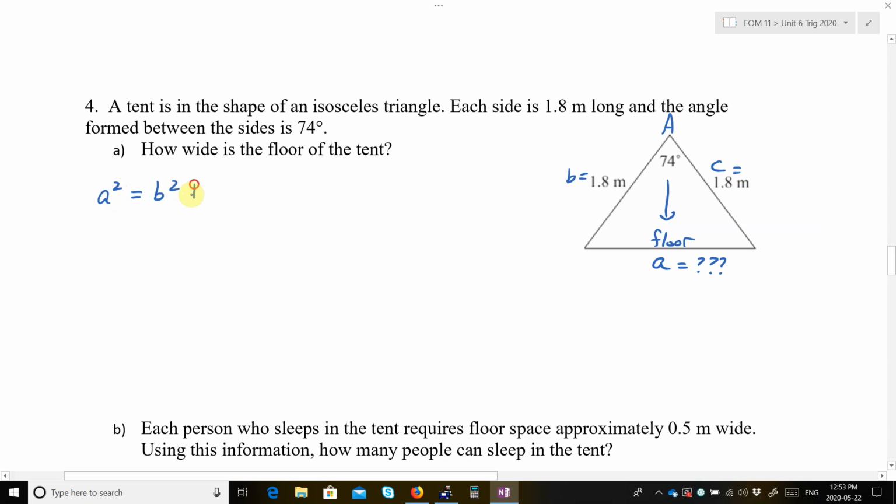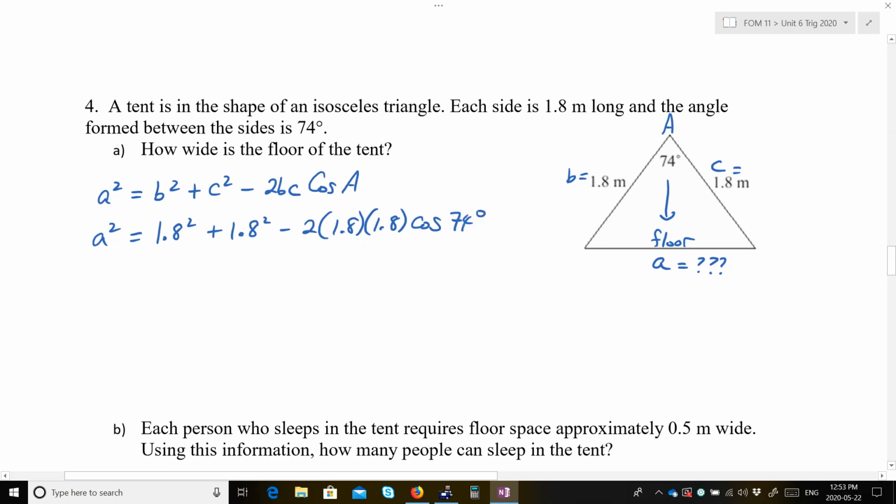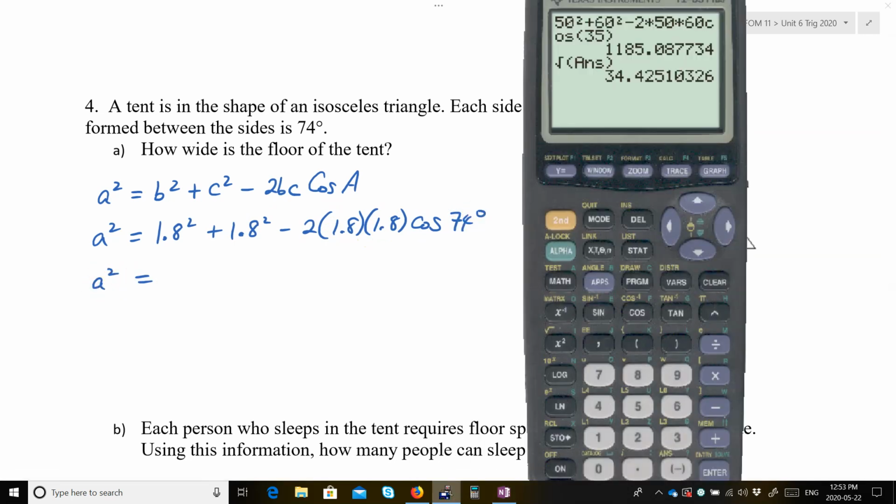A squared is equal to B squared plus C squared minus 2BC cos A. So we're going to get 1.8 squared plus 1.8 squared minus 2 times 1.8 times 1.8 cos 74 degrees. So A squared is equal to 1.8 squared plus 1.8 squared minus 2 times 1.8 times 1.8 cos 74.